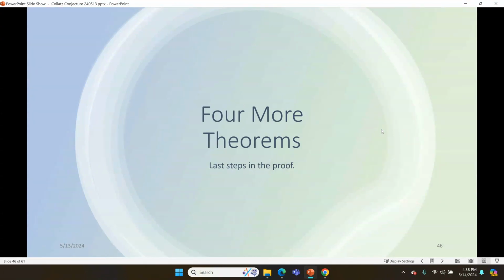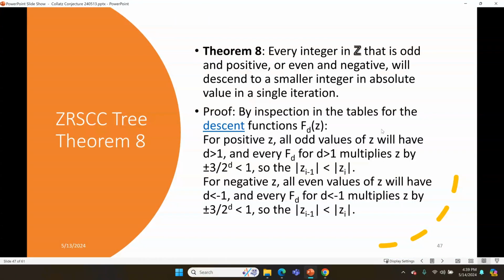So, theorem 8 is that every integer in Z that is odd and positive or even and negative will descend to a smaller integer in absolute value in a single iteration. We see this by inspection of the tables for the descent functions f sub d of Z. For the positive descent functions, all the descent functions for d greater than 1 have multiples that are 3 over 2 to the d, which is less than 1, so that the absolute value decreases.